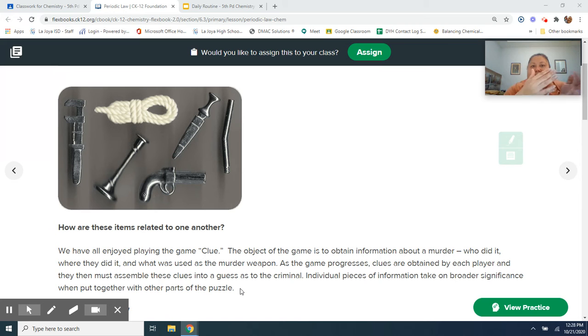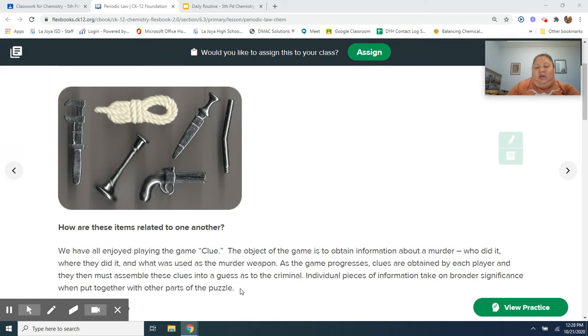As you're sharing the clues, you're able to figure out, okay, this person wasn't in the room that the person died in, so he's out. Like the cook is not the murderer, because he was in the kitchen working with the maid. So the maid and the cook are not our criminal.